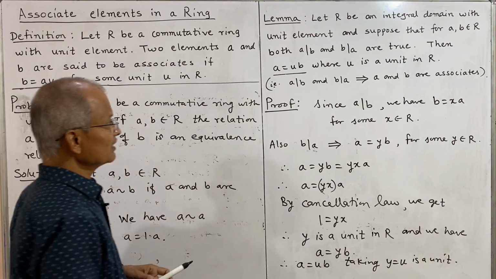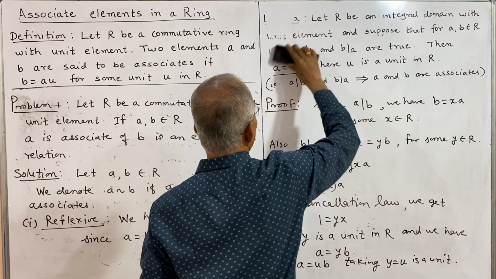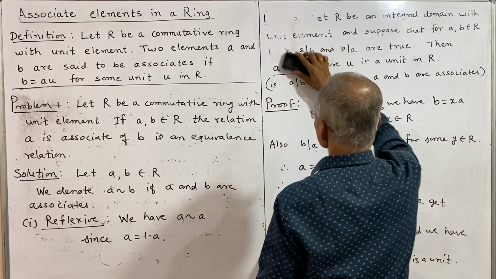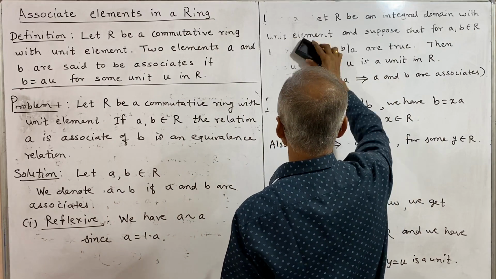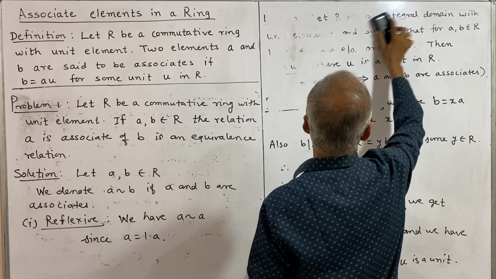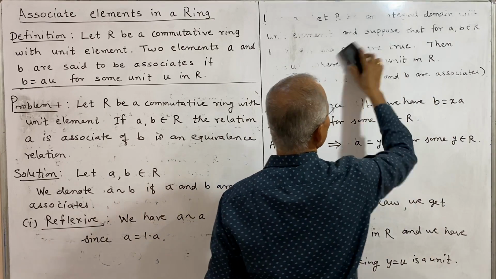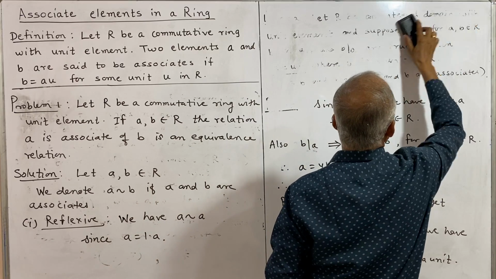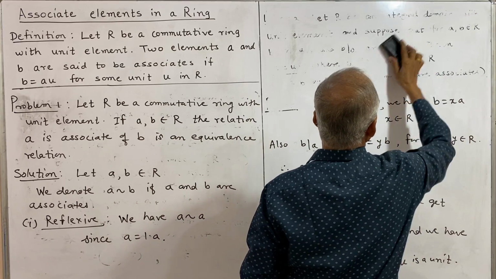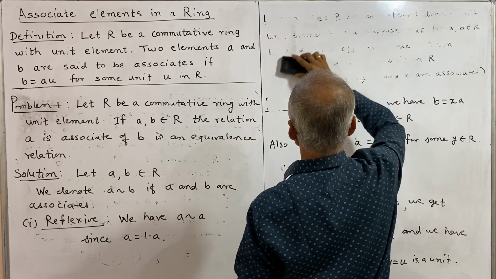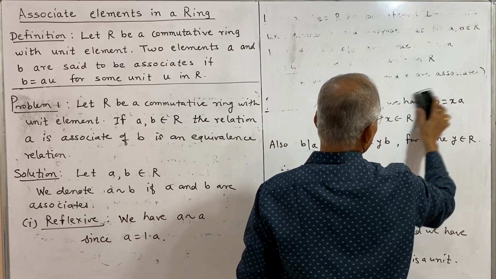Now second is symmetric relation, and for symmetry we have to show that if A is associate of B, then B is also associate of A. That we shall have to prove. That is the second property for equivalence relation.